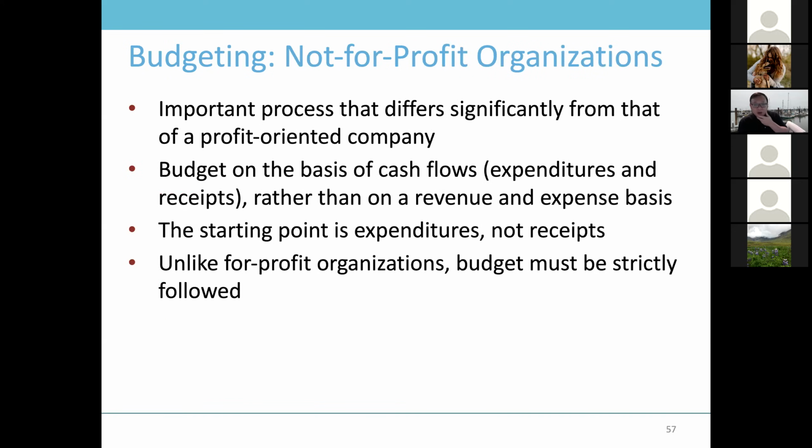For a not-for-profit organization, the for-profit organization starts with sales, that's your main source of income. But if it's not for-profit, you don't sell anything, but your concern is your cost.